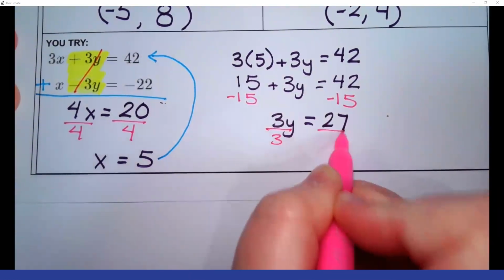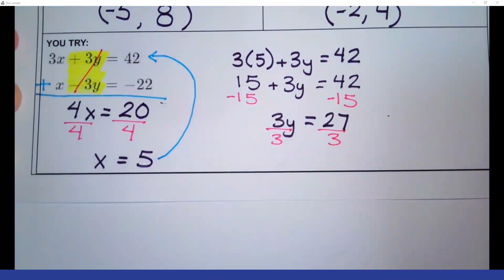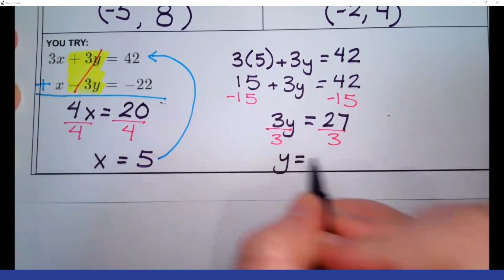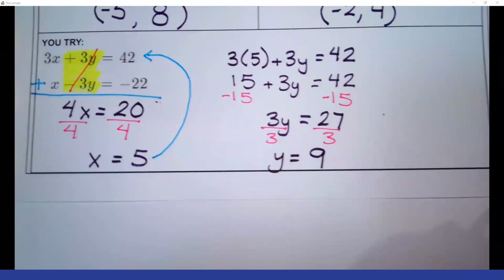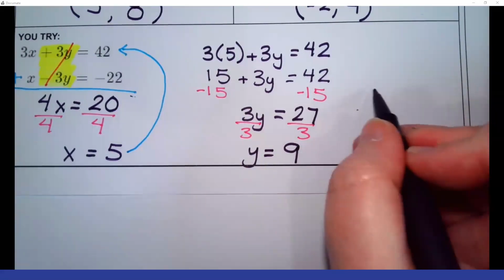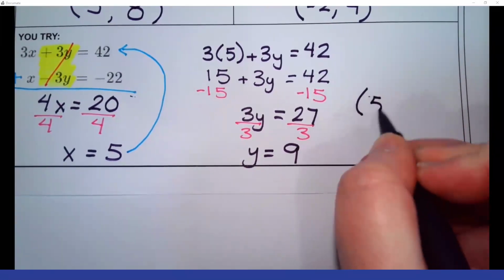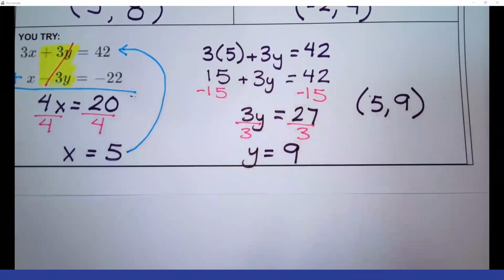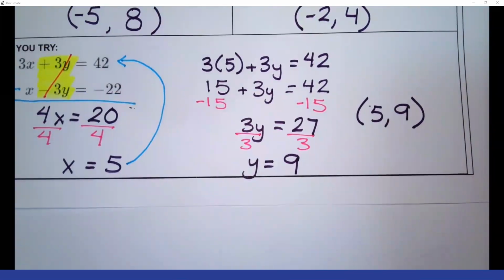Divide by 3, and we get y is equal to 9. And then, don't forget, the coordinate point.